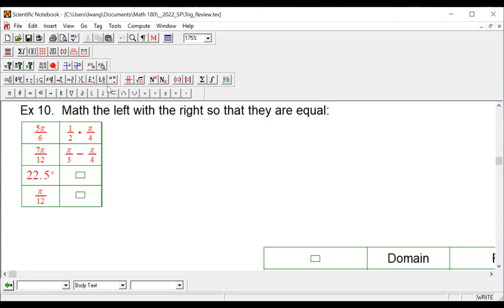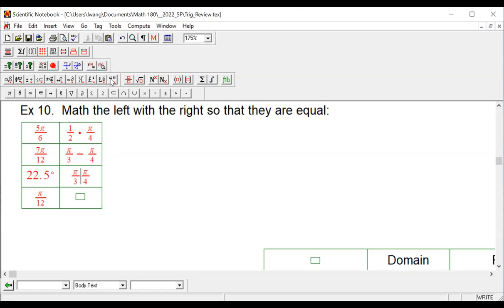And the next one is pi over 3 plus pi over 4, so I just have to change the sign. And the last one is pi over 3 plus pi over 2. Okay, so we match so that they're equal.